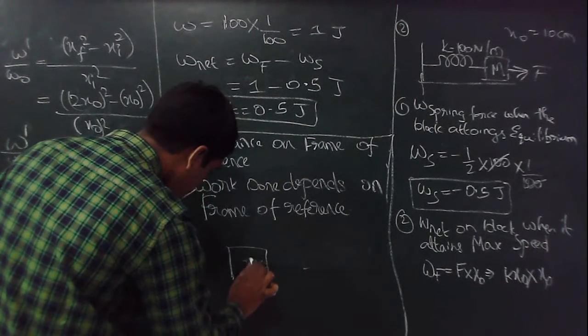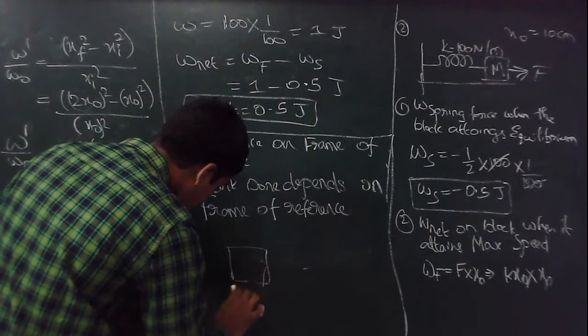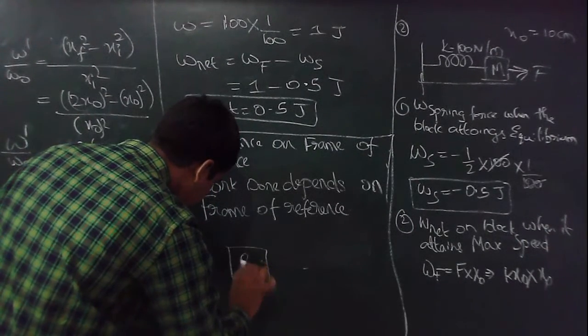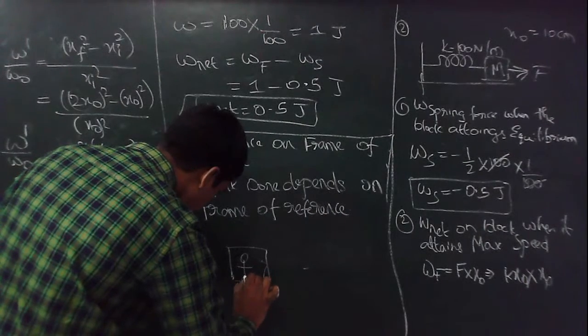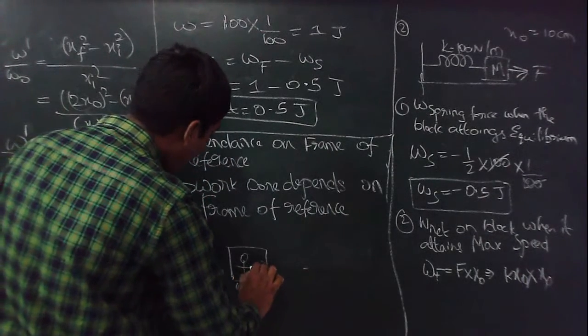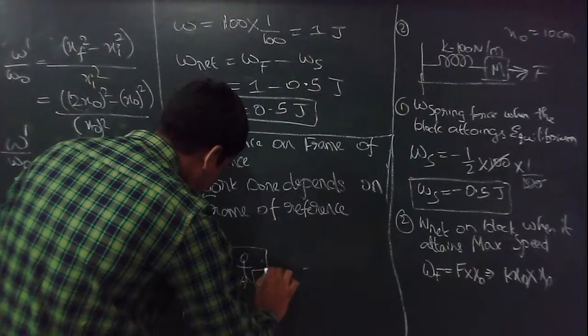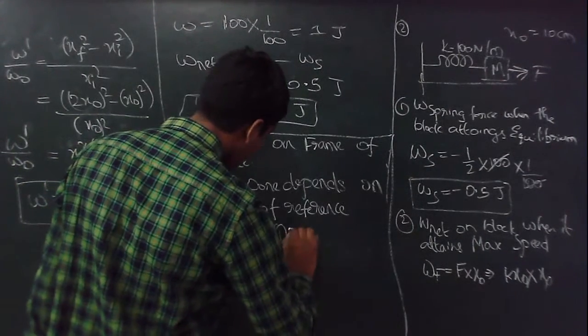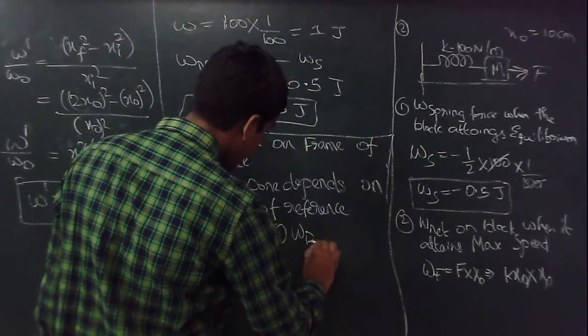Now, this is a block, or this is a bulb. Here there is a person, and the question gives the block mass. First, W with respect to the bus.